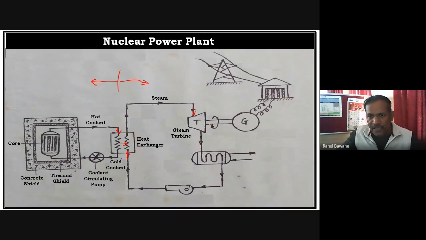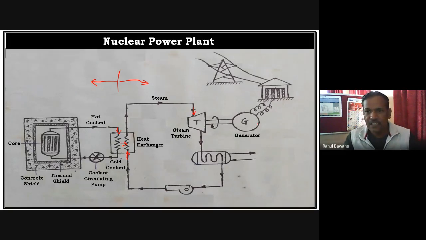That rotation, the rotary shaft motion, is attached to the generator. So we are now converting this high pressure, superheated steam energy into mechanical work in the form of rotation of the shaft, and this mechanical work is supplied to the generator unit.